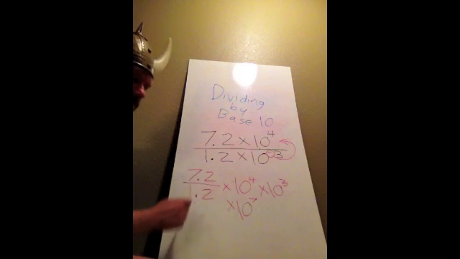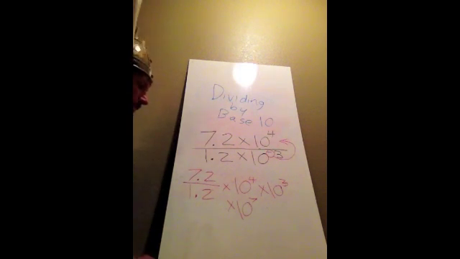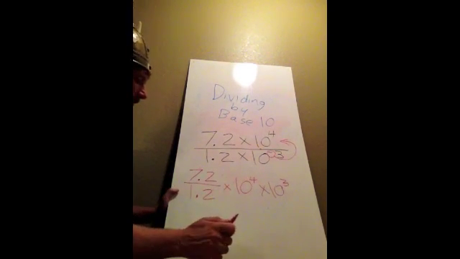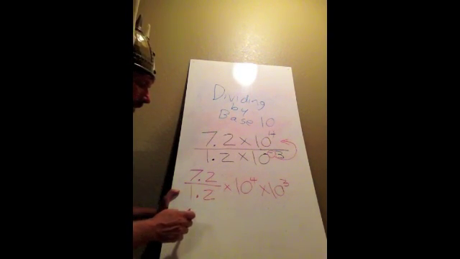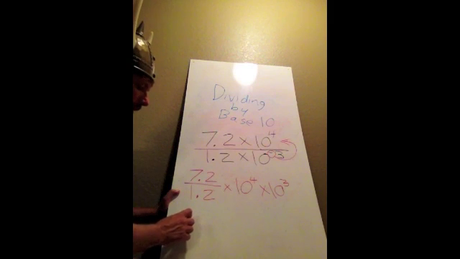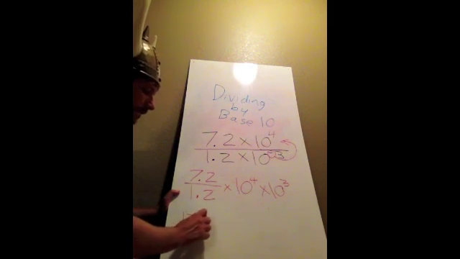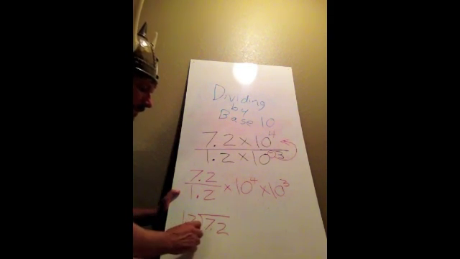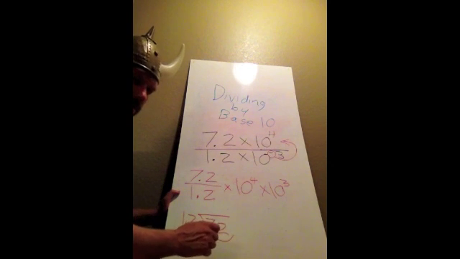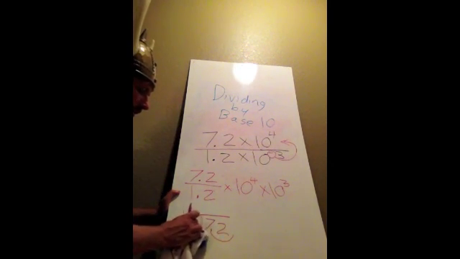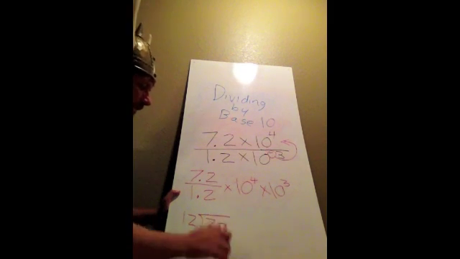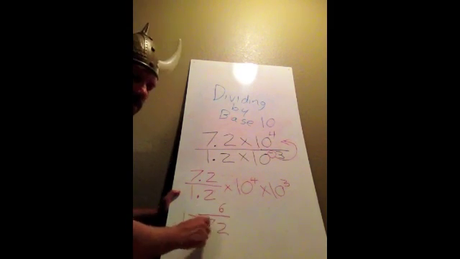Now, this isn't as tricky as it looks. I'm going to remove this just because we need a little more room for some scratch work. 1.2 goes into 7.2. We're going to move these decimal points because we can do that. And that turns into something that's very easy to do. 12 goes into 72. 6 times 12 is 72.